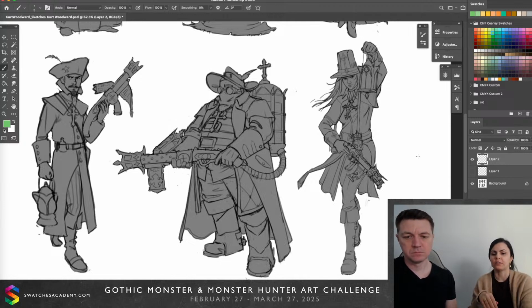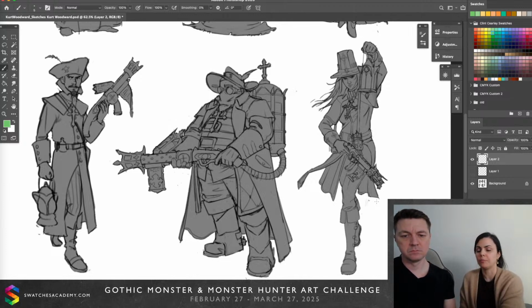So just in general, for everyone, when you do a pose on a character, avoid hiding the limbs, whether it's an arm or a leg, because at first read it looks like she only has one leg, like we can barely see that. So I'm not opposed to this design. I think it's cool.